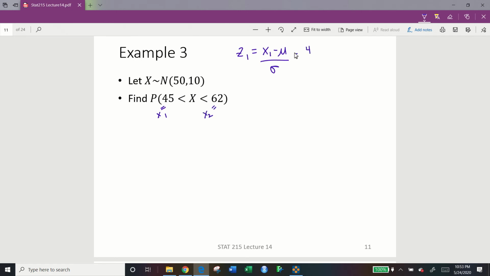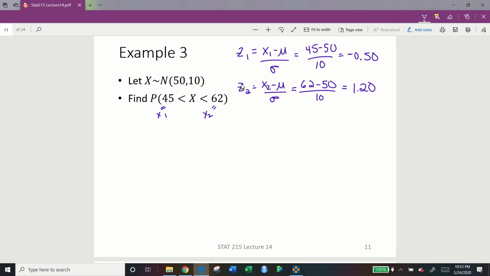Plugging in, z1 is 45 minus 50 divided by 10, which will equal negative 0.5. And z2 will be x2 minus mu divided by sigma, so 62 minus 50 divided by 10, which will equal 1.2.